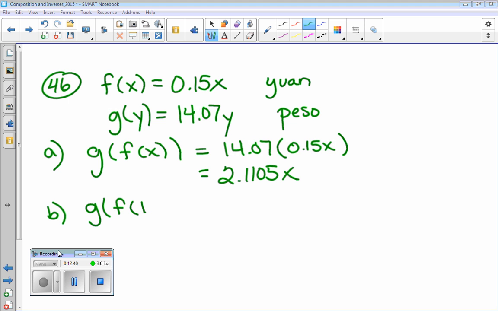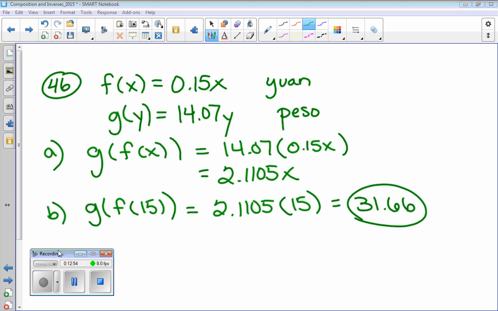So I'm going to plug in a 15, and we'll go from there. 2.1105 times 15, and I get 31.66. So you rounded it to the nearest peso, that's what I told you. Just plugged it into the function.